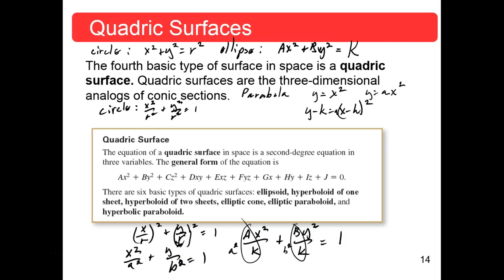Much like a circle, and here's the key, both of these are squared. In a parabola, one is squared, the other is not squared. In a circle, both are squared, both have plus signs, but your denominators are the same. In an ellipse, both are squared, both have plus signs, but now your denominators are different. But otherwise it looks just like a circle.